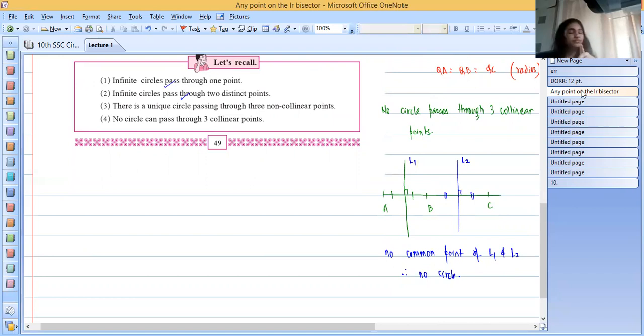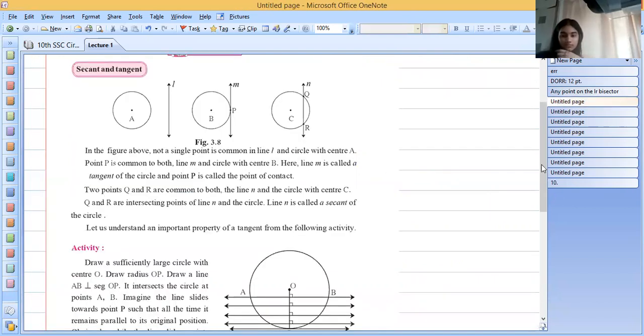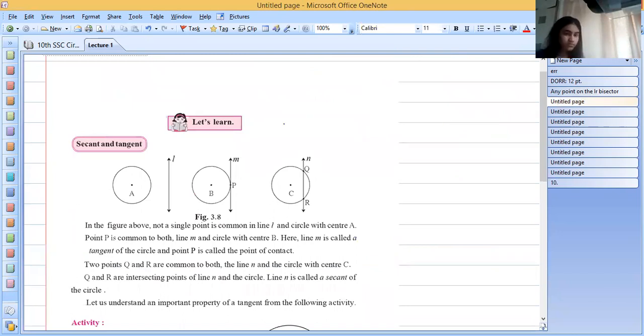Now, what is secant and tangent? We have seen what a secant is.